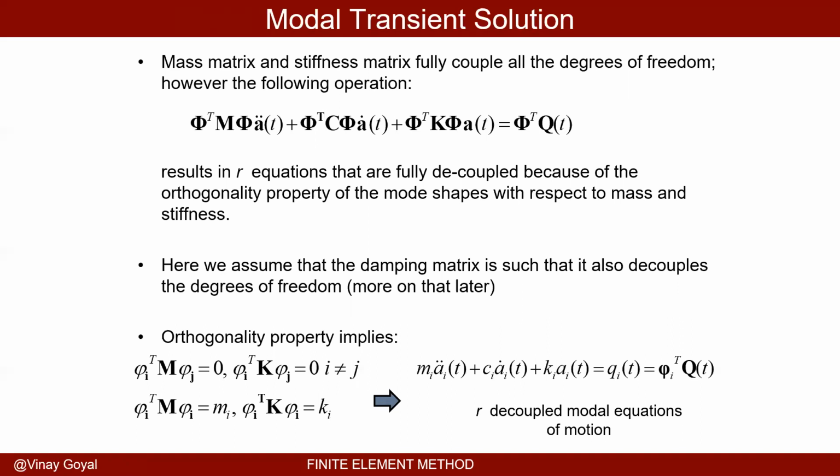And I simplified it by saying, okay, I'll pre-multiply by phi bold transpose, and that'll turn my million degrees of freedom equations into maybe just 25 equations. But further, this multiplication turns every single one of these into a diagonal matrix, which means that I have 25 decoupled equations. And that's powerful. Very, very powerful.